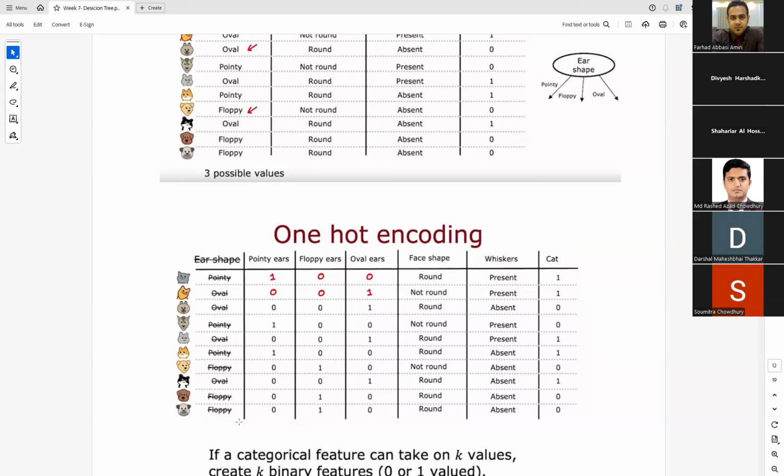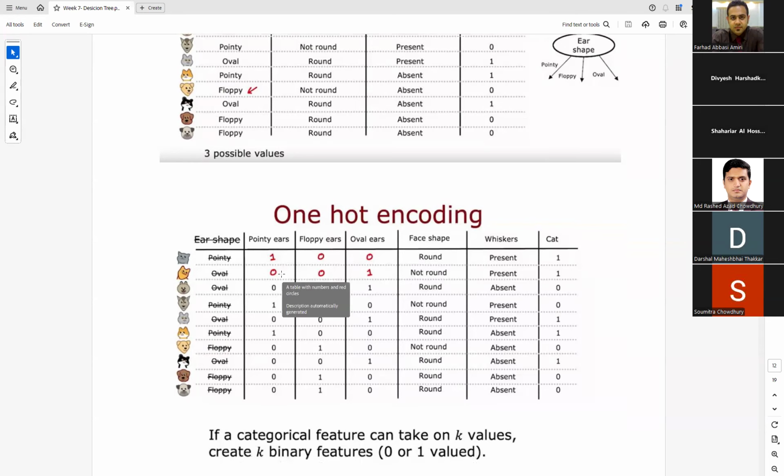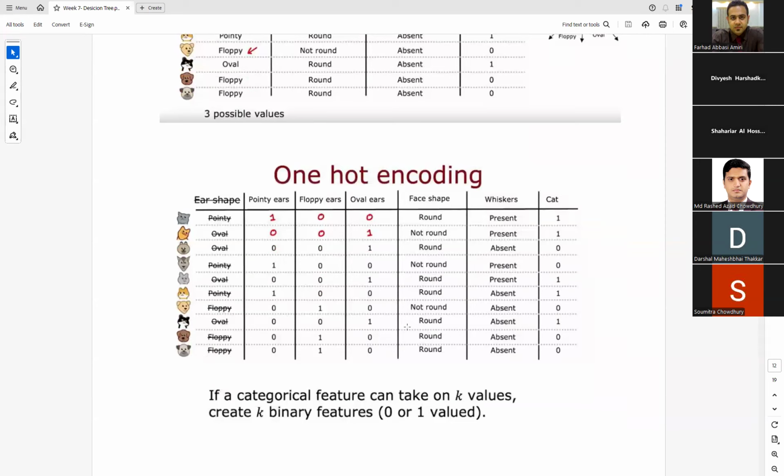The same thing for the rest of the training examples, and we get these 0 and 1 columns, right?